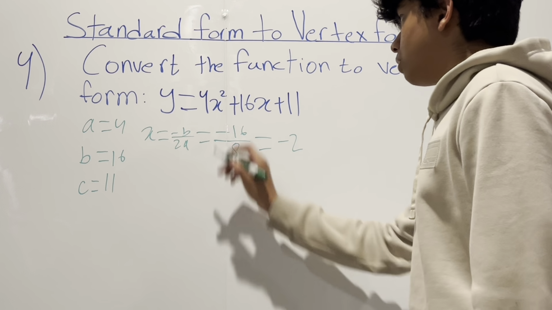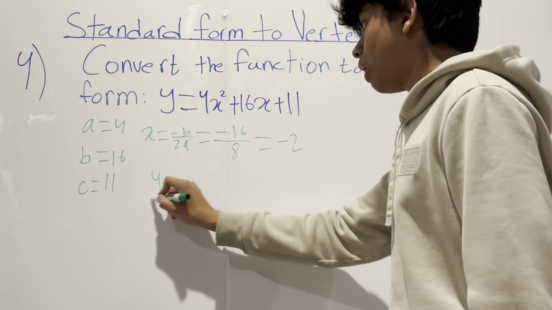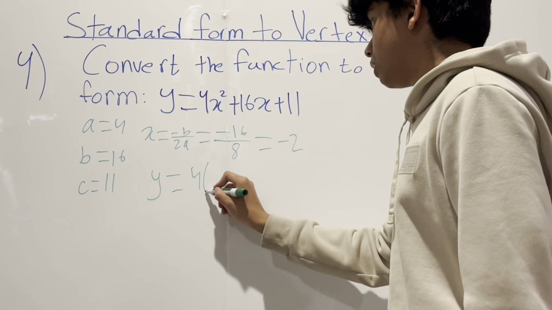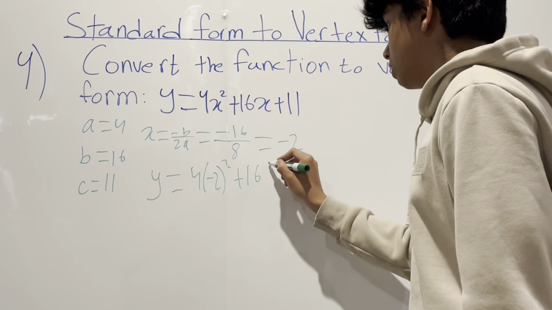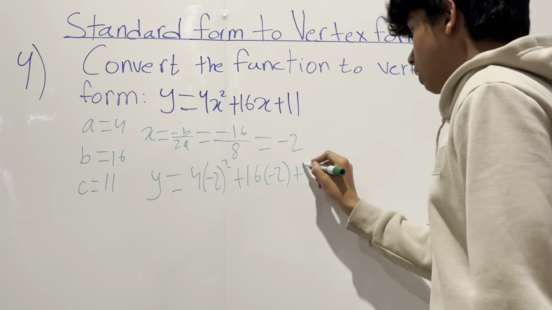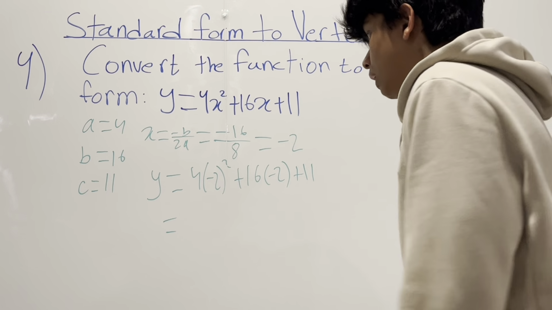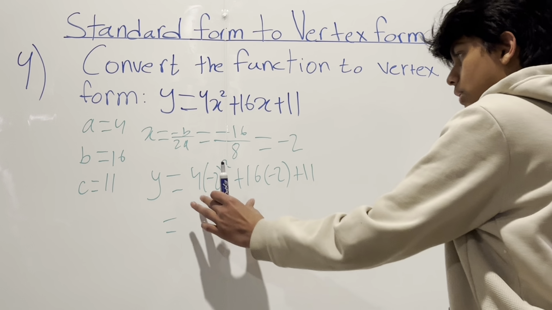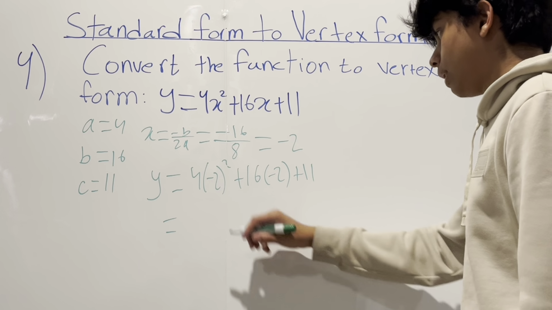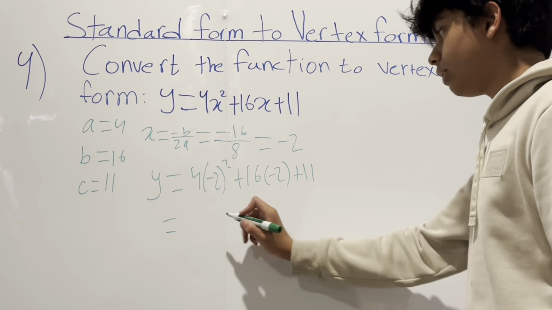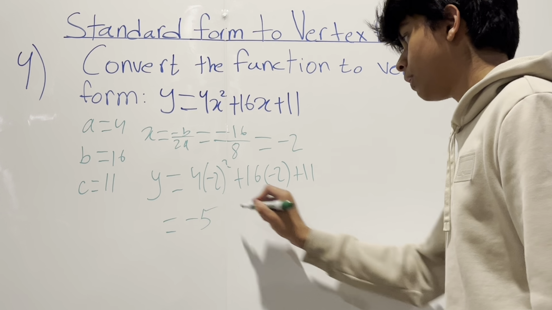Now let's plug negative 2 back into the equation: y equals 4 times negative 2 squared plus 16 times negative 2 plus 11. Negative 2 squared is 4, 4 times 4 is 16, 16 minus 32 is negative 16, and then plus 11, you get negative 5.